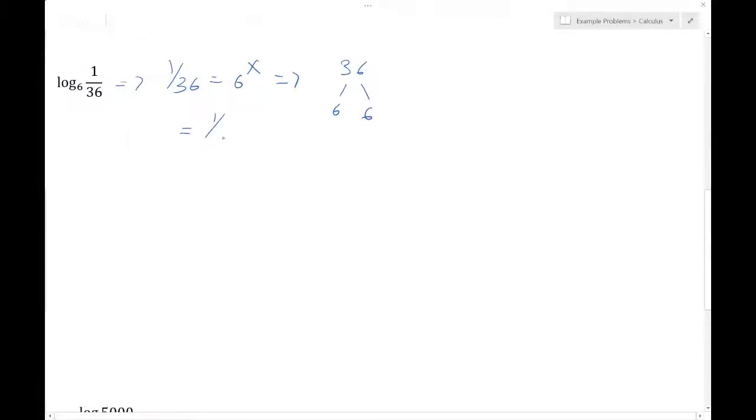We end up with 6 squared in the bottom, since we have two 6's, is equal to 6 to the x. Then we can use the negative exponent rule to switch to 6 to the negative 2 is equal to 6 to the x. And once we have this, we can drop the bases since they're the same and get x is equal to negative 2 in this case.